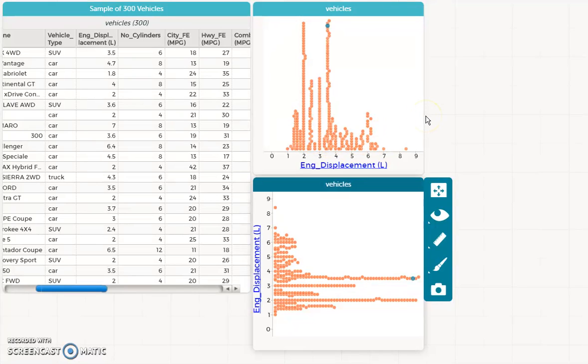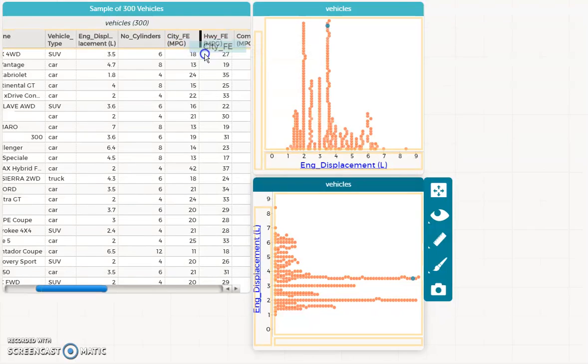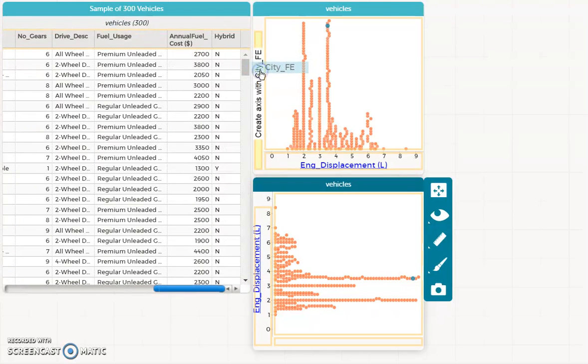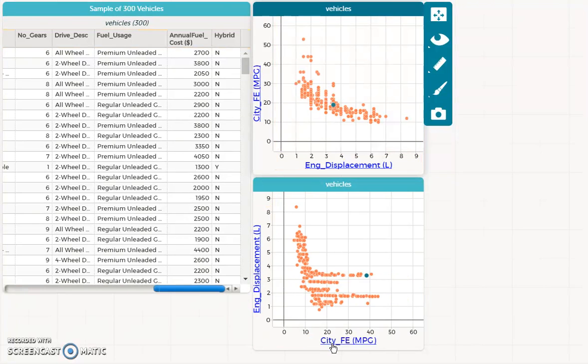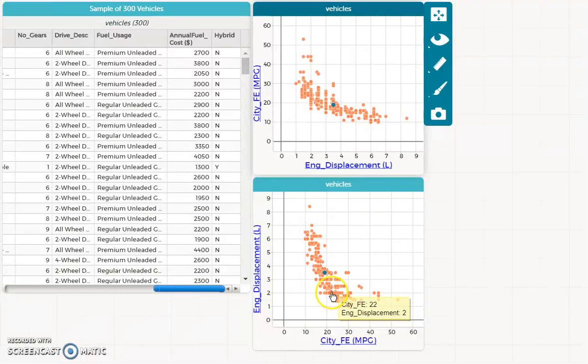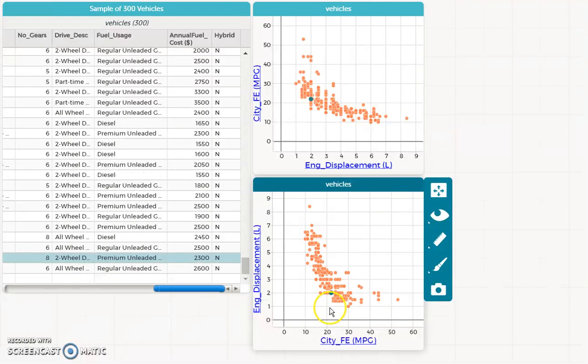Okay, now we can take city fuel economy from our table and drag it to the y-axis here, and again down to the x-axis on this graph. Okay, so just to prove that these are showing us the same information just in different ways, I'm going to click on a random point here, and let's see what it tells me.